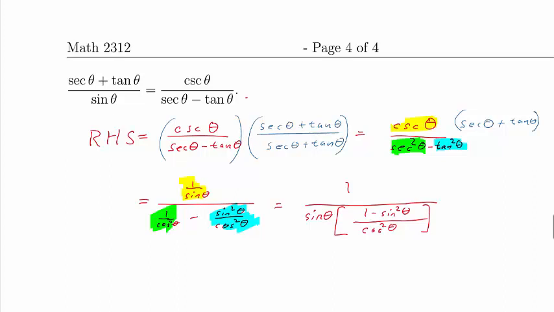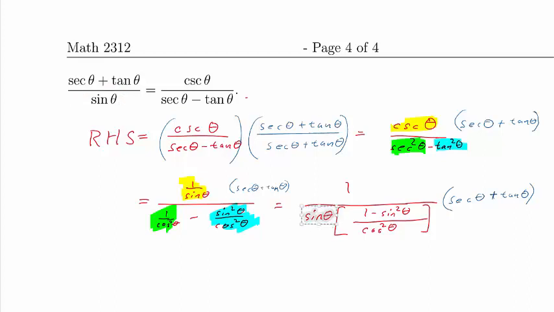And, I think I forgot to write this in. Sorry, guys. There we are. Now note, we got a sine theta here, which is what we're looking for, sine theta in the bottom.